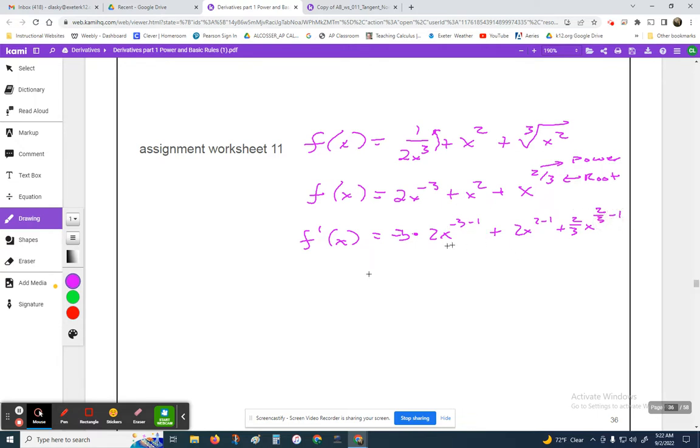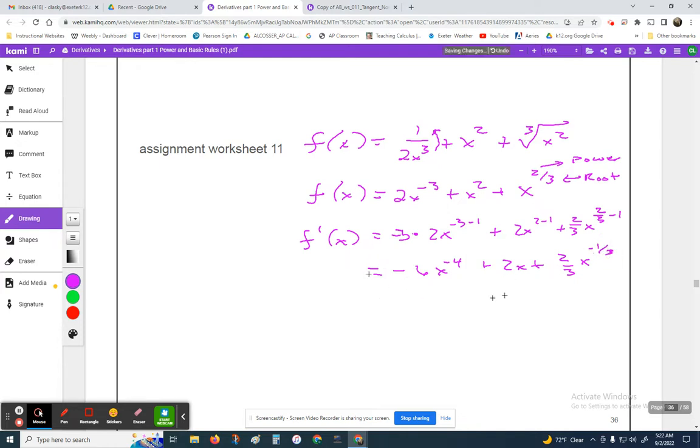See where just keeping track of stuff is sometimes outrageous in these things. So let's clean this up. This is going to be -6 x to the -4th plus 2x plus 2/3. 2/3 minus 1 is -1/3. x to the -1/3.